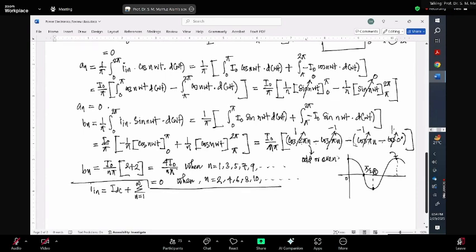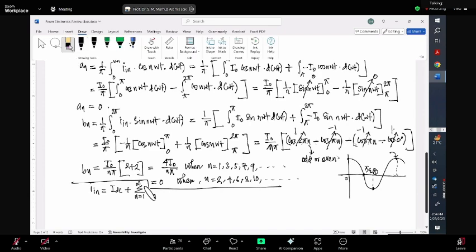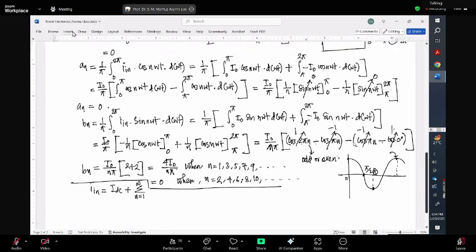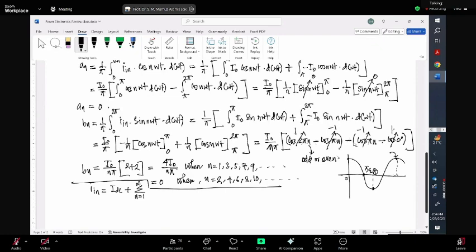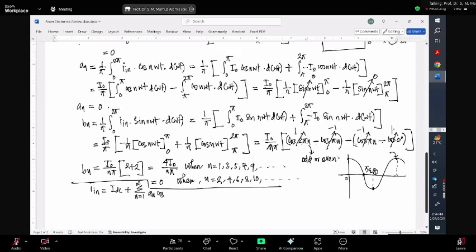So now if I want to have the actual input current equation, then it would be an cos n omega t plus summation n equals 1 to infinity bn sine n omega t.